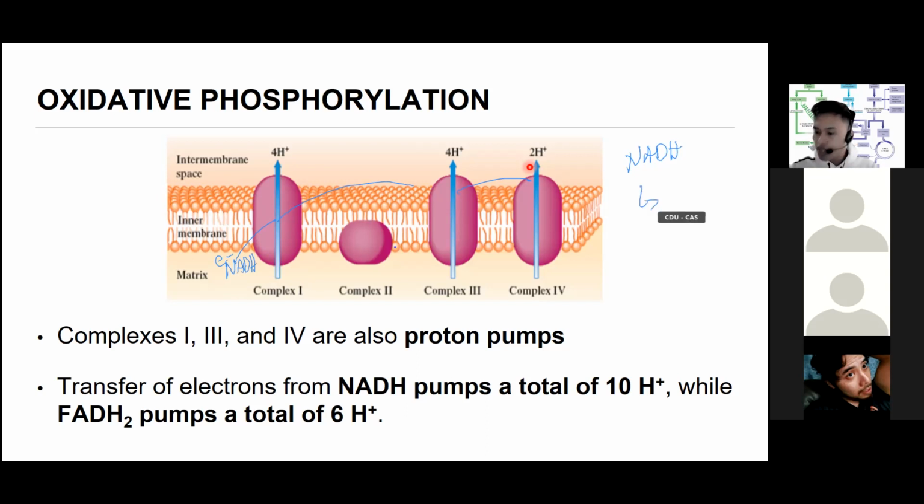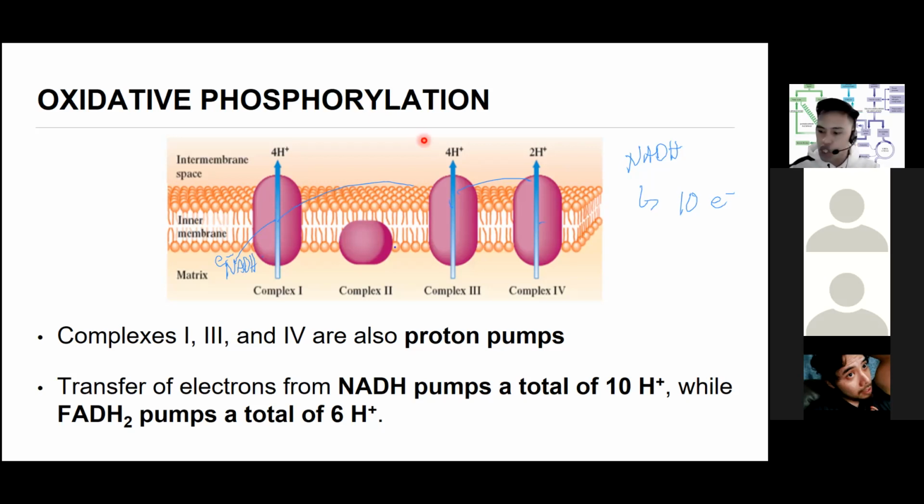It pumps 4 at complex 1, then 4 at complex 3, plus 2 at complex 4, so a total of 10. Do you follow? It moves along, it doesn't just stay at complex 1. Am I right? So the electrons of NADH, all in all, are able to pump 10 hydrogen ions.